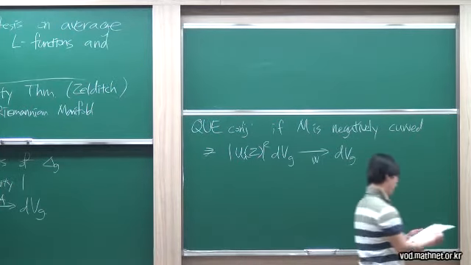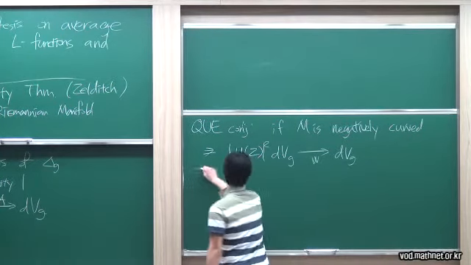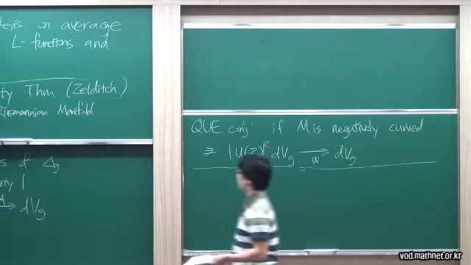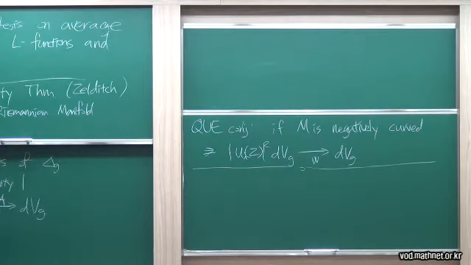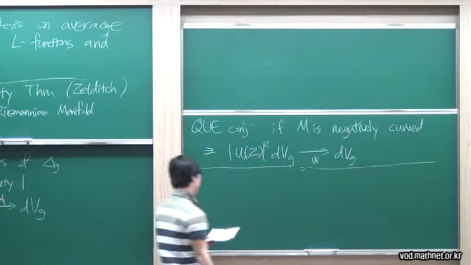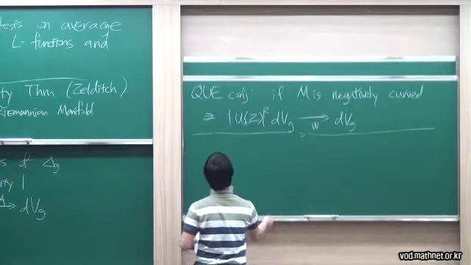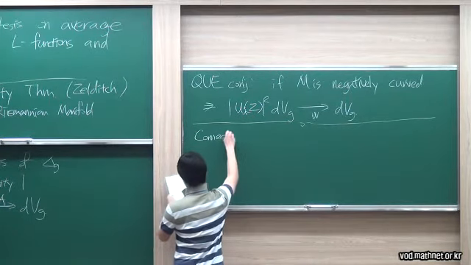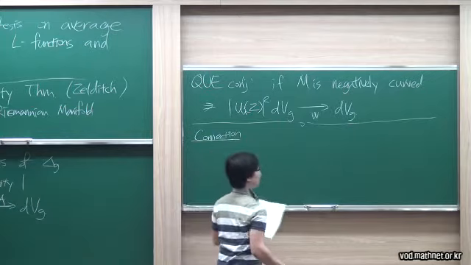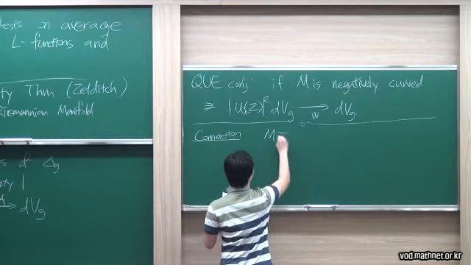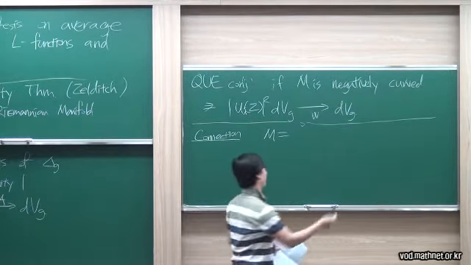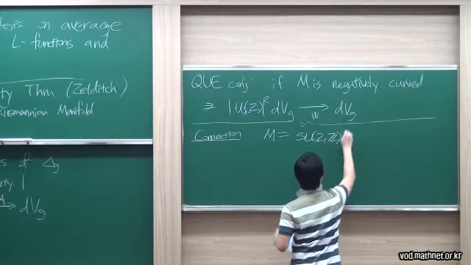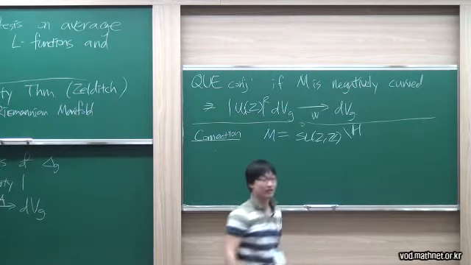So because this is a number theory seminar, I have to give a connection to why this matters for the person who studies number theory. So the connection comes when we assume that M is our favorite hyperbolic surface, which is H mod SL2(Z).